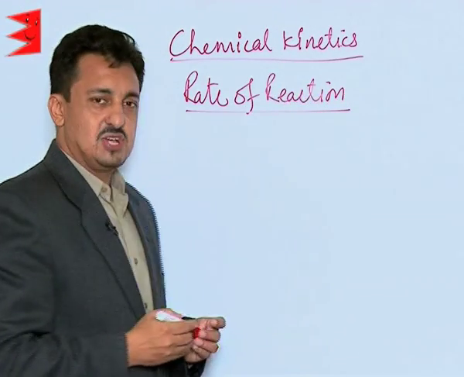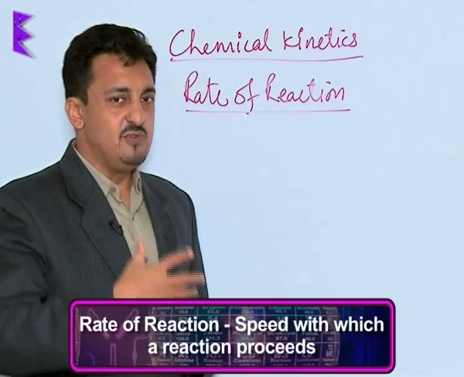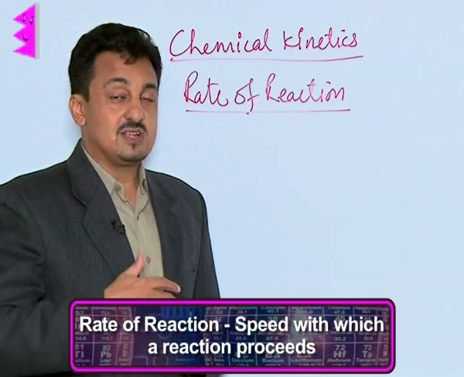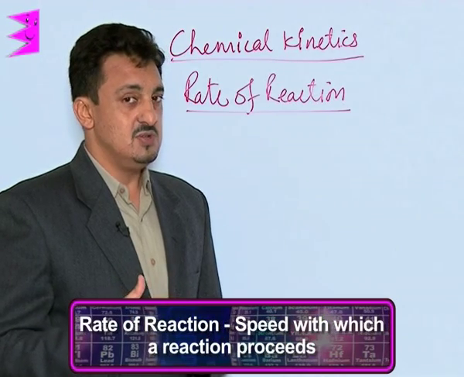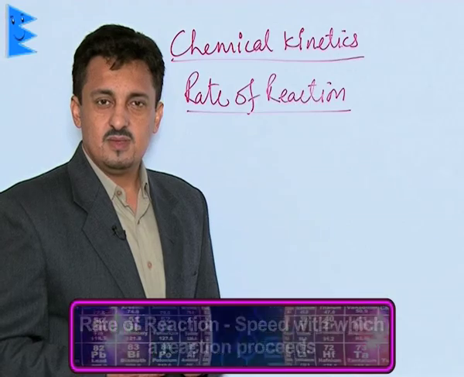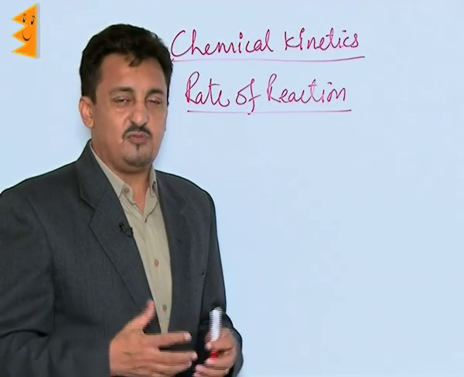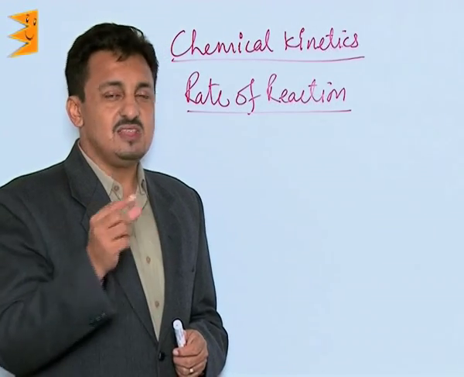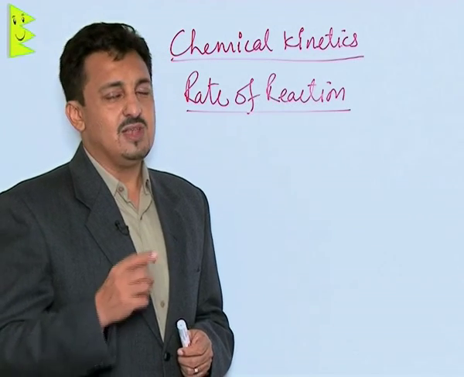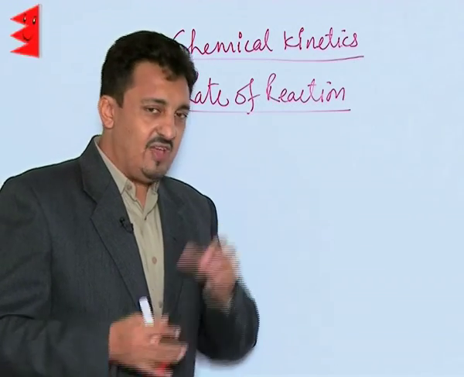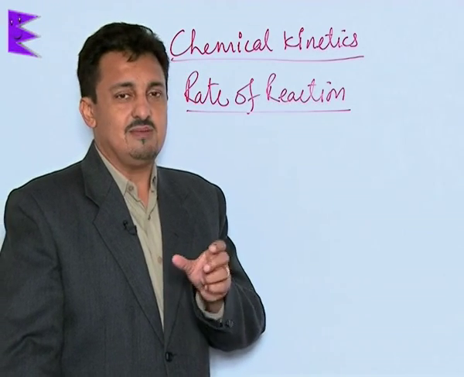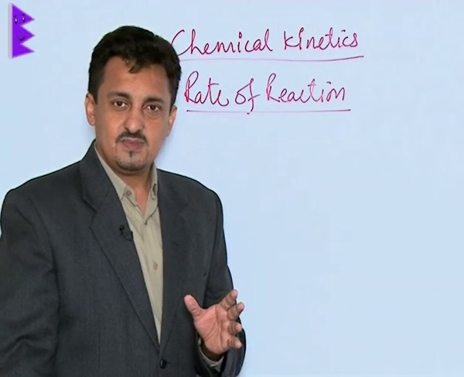See, the rate of reaction is the speed with which a reaction proceeds, or the time taken by a reaction to get completed or to reach equilibrium. So it can be defined as the change in the concentration of reactant or product per unit time, or change in the concentration of any of the reactant or product for the time interval delta t.